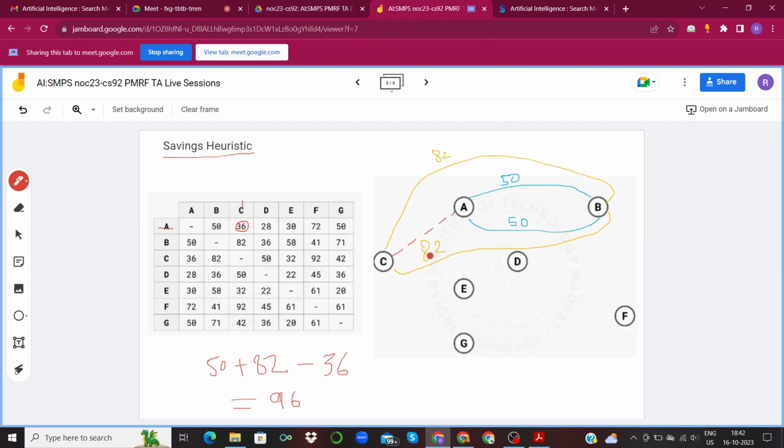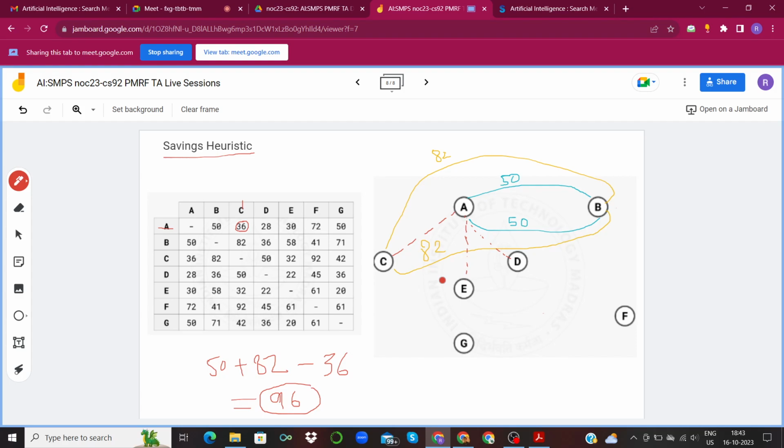You can do a similar kind of savings value for each pair of edges, right? So here you try to connect A and C. You can also try to connect A with D, right? You can also try to connect A with E, and basically all other pairs of edges, right? So you will have a savings associated with adding an edge between each pair of nodes, right? And then you arrange all those savings values in descending order, and you decide which of them would give you the least cost tour.